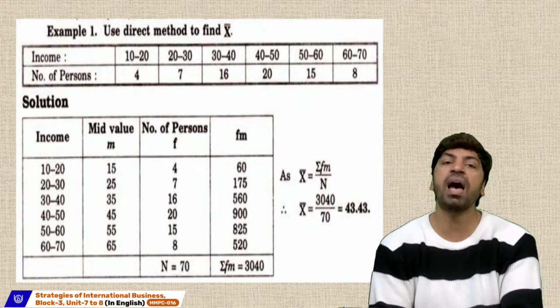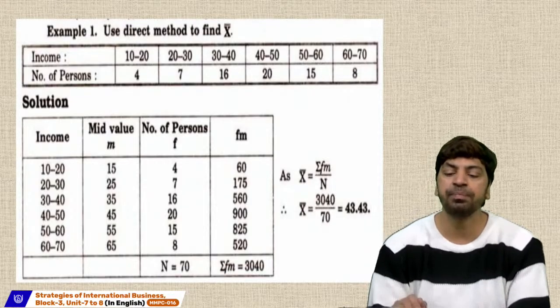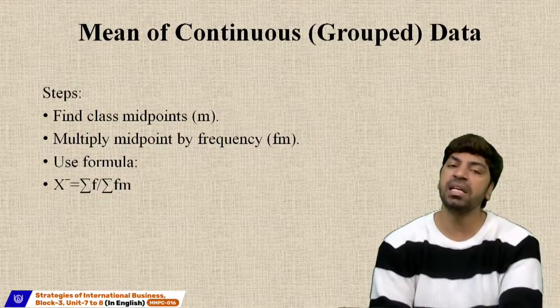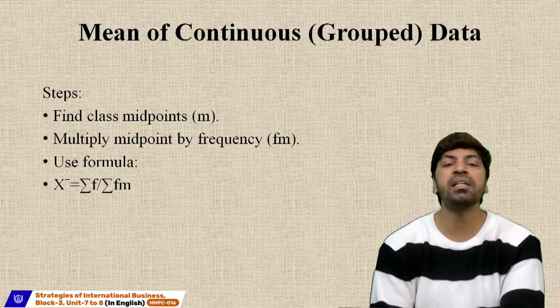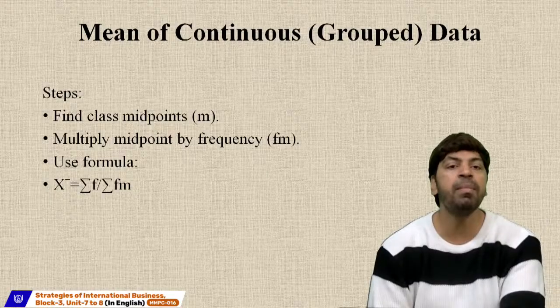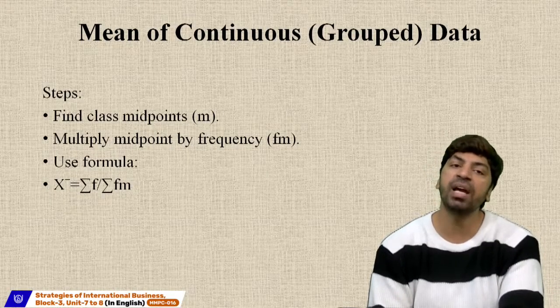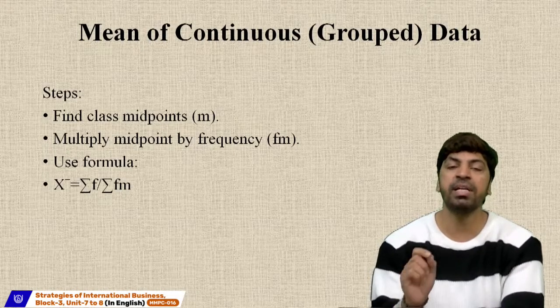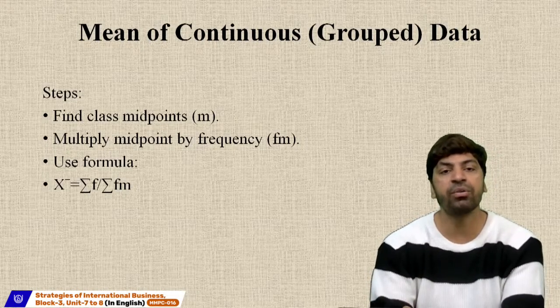So this is the value of the mean. The formula to calculate the mean in the case of a continuous series is sigma fm by sigma f rather than sigma f by sigma fm. So a typing error could be possible.